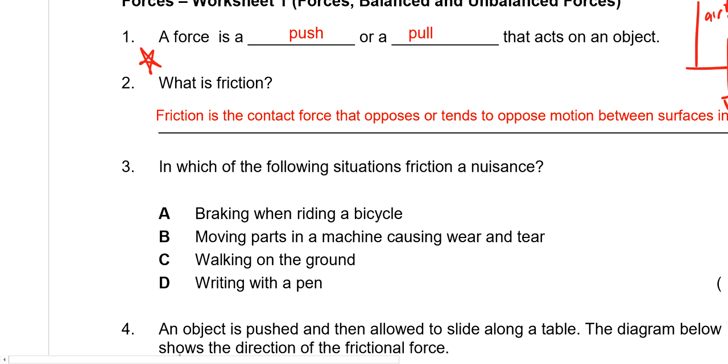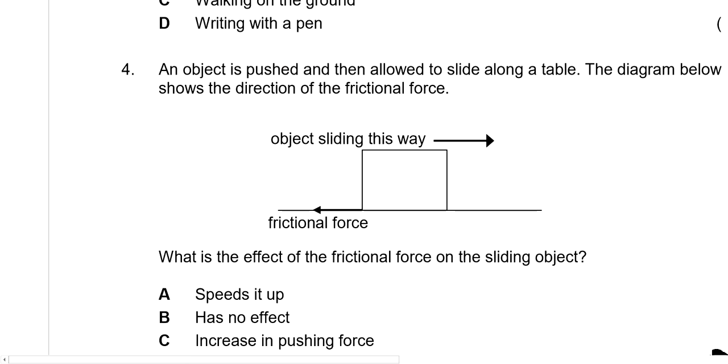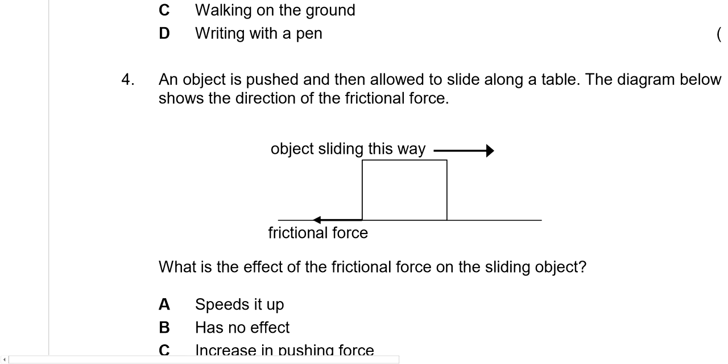Okay, now, question 3. Which situations is friction a nuisance? B. Wear and tear. Otherwise, braking, walking on the ground, riding a pen, they are all important uses for friction. Okay, so here we have another free body diagram.